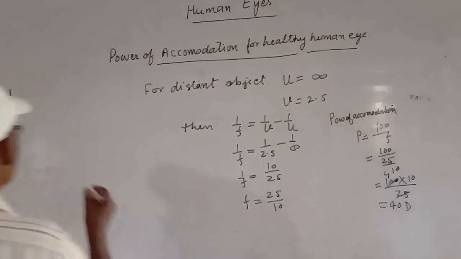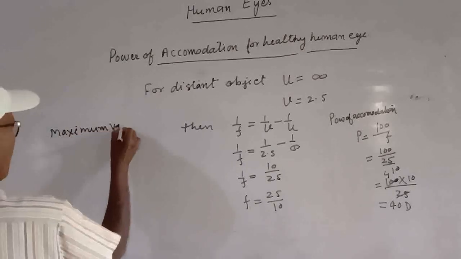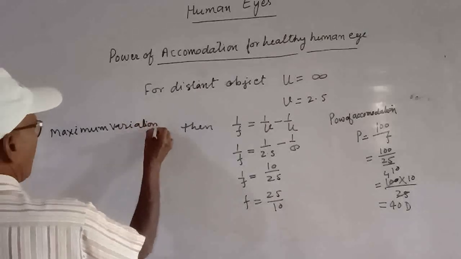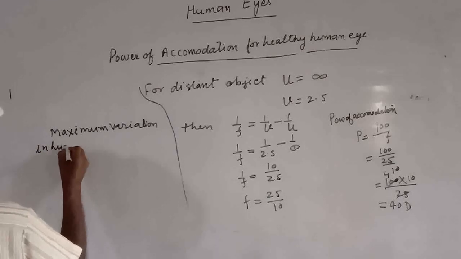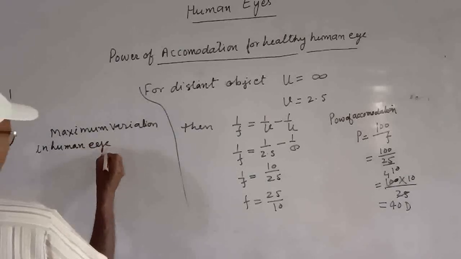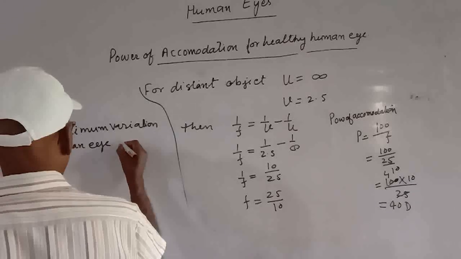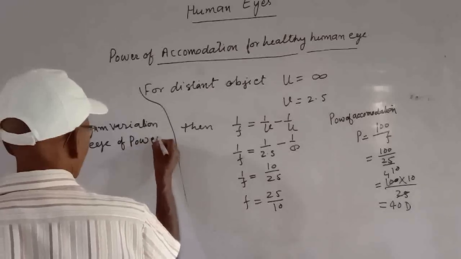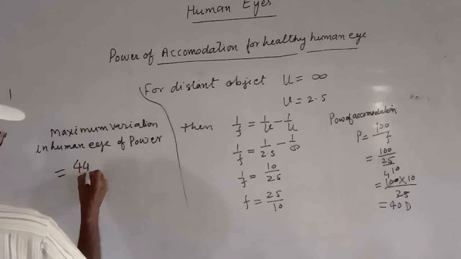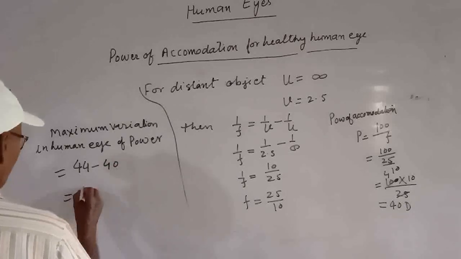Now the maximum variation in human eye power is equal to 44 minus 40, which is equal to 4D.